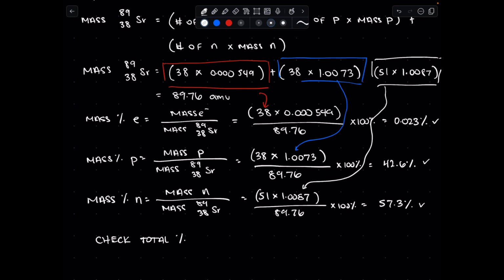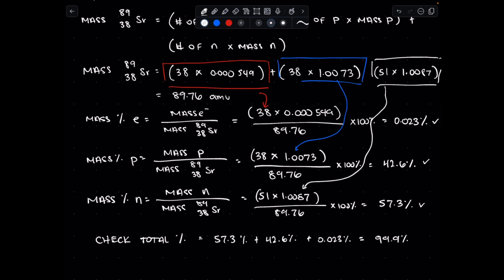Again, this should be close to 100, 99.9, 99.8, both are acceptable. So we're going to take our 57.3% plus our 42.6% plus our 0.023%. If we add all those together, this comes out to 99.9%. And that's close enough because we know that we're doing rounding in our percents.